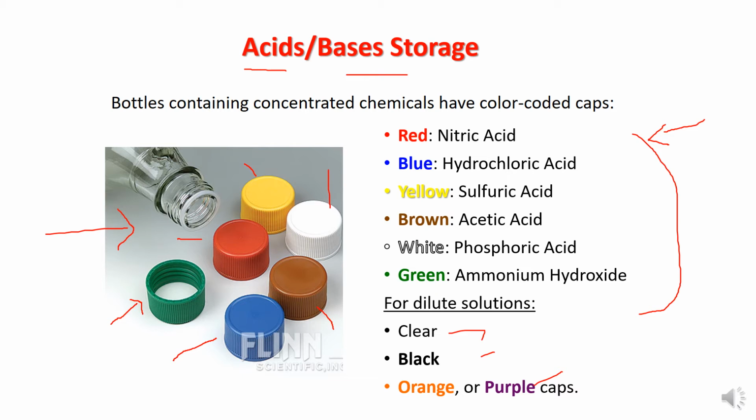But sometimes you make dilutions, for example 1%, 2%, 10 millimolar. For dilutions you can use other colors. These colors are not specified for particular acids or chemicals, you can choose different colors, but these are only for dilutions.